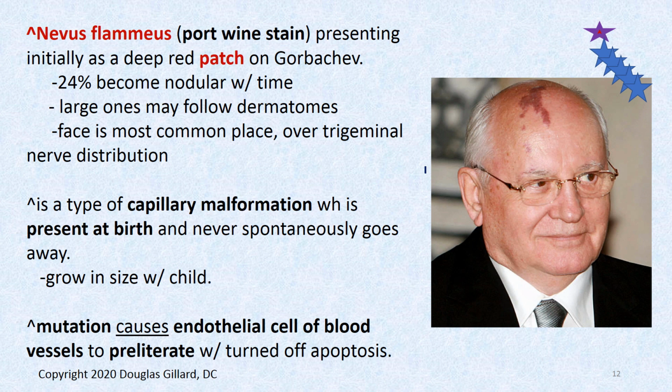Here's a famous flat lesion. So this is a patch. It's definitely bigger than a AAA battery. A AAA battery is 11 millimeters, so anything the same size or bigger than a AAA battery is not a macule, it's a patch. So this is a red patch, and this has got a name.